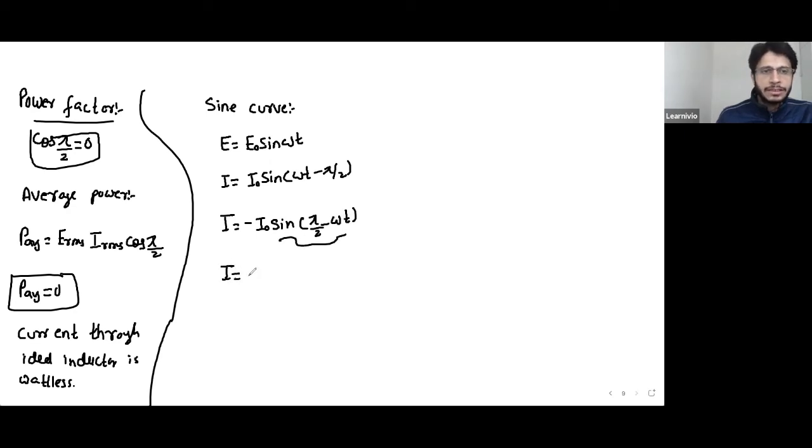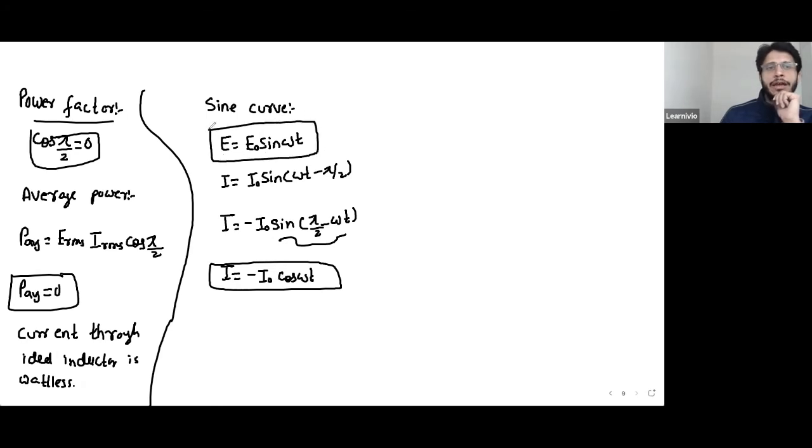So I is minus of I naught cos omega t. So to draw the diagram, I will use sine as well as cos. For EMF, I will use sine, and for current, I will use cos.